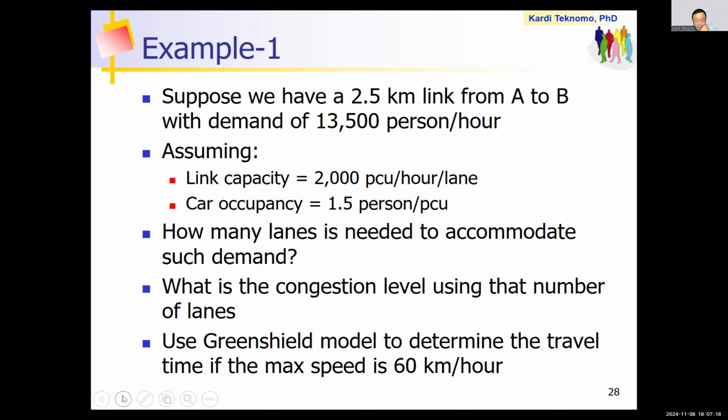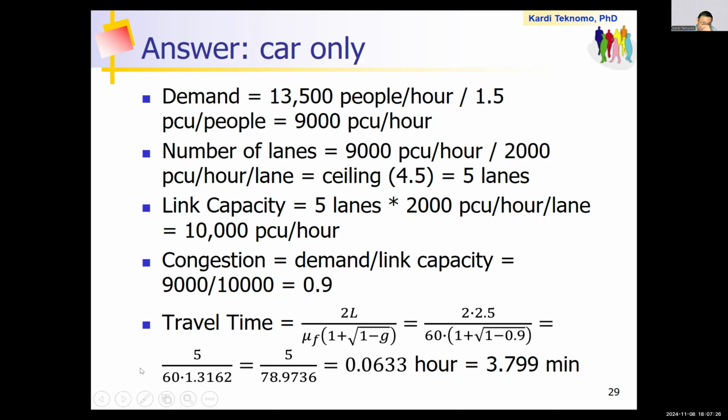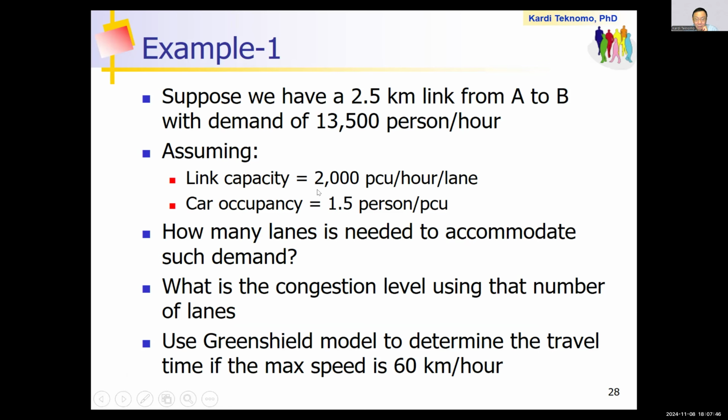The demand is 13.5 thousand, the length is 2.5. When you input all of this data, we can calculate the actual demand. We convert from people per hour into PCU per hour.